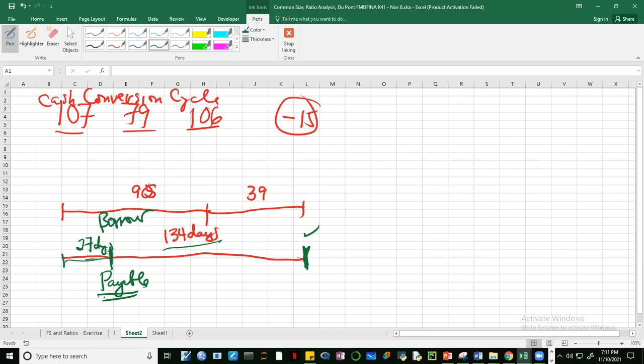Okay. And then what happens, guys? This is 134 days. 134 minus 27, ilan yan? 107, tama?